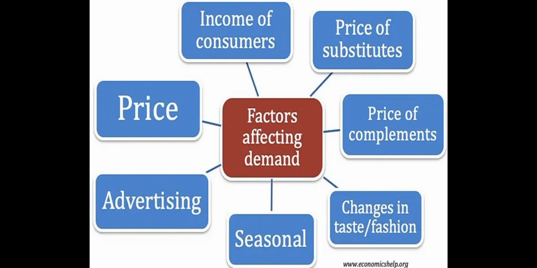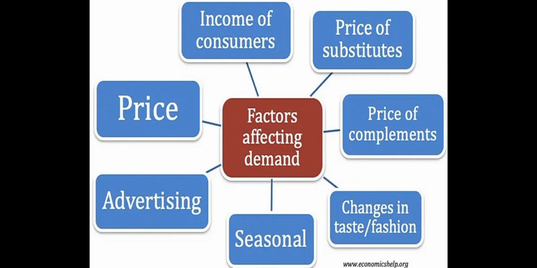Suppose there is a very high increase in the price of tea leaves. What would a normal person do? He would substitute coffee for tea. So in that way, we assume the prices of substitute commodities remain constant.